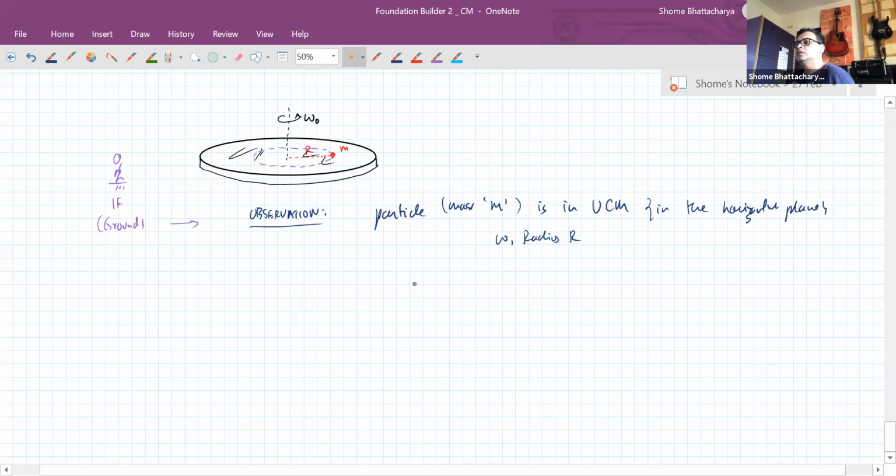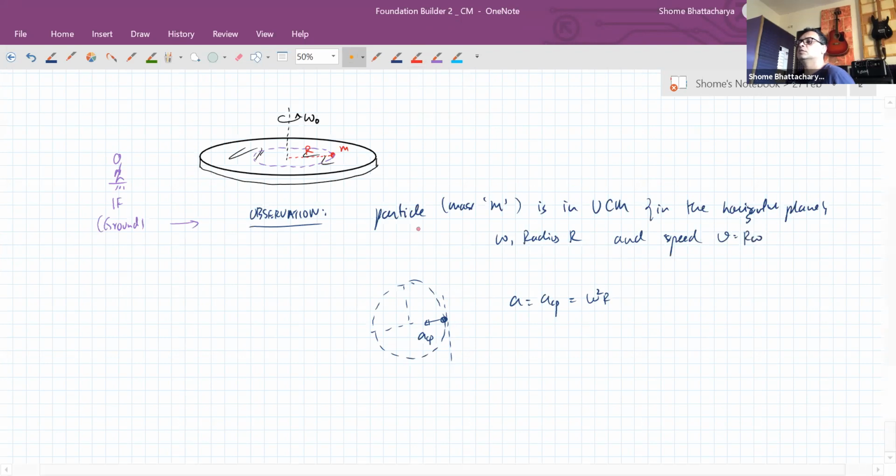So what we will observe is that the particle during its circular path has a centripetal acceleration as the net acceleration at any point of time. The speed of the particle is r omega.